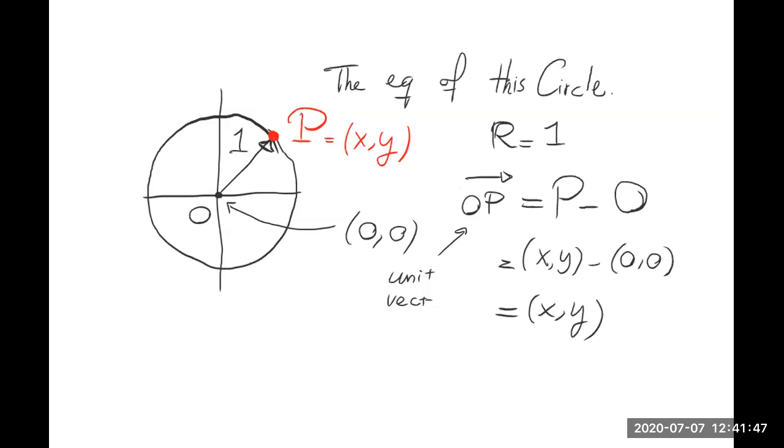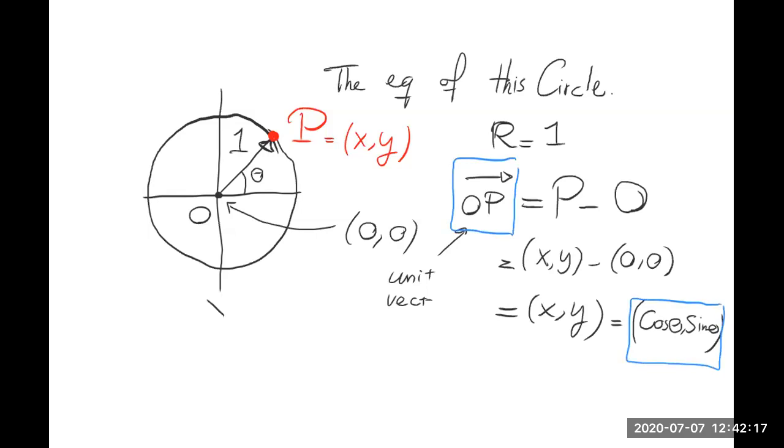Remember, any unit vector, for example this OP, if I look at this angle, if it's theta, I can write it as cosine of theta and sine of theta, right? Do you agree? Because OP is a unit vector, any unit vector can be written as cosine theta and sine theta.